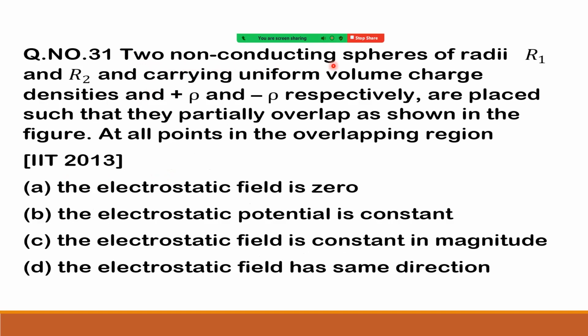Two non-conducting spheres of radii R1 and R2, carrying uniform volume charge densities plus rho and minus rho respectively, are placed such that they partially overlap as shown in the figure. At all points in the overlapping region, I will make a diagram here.